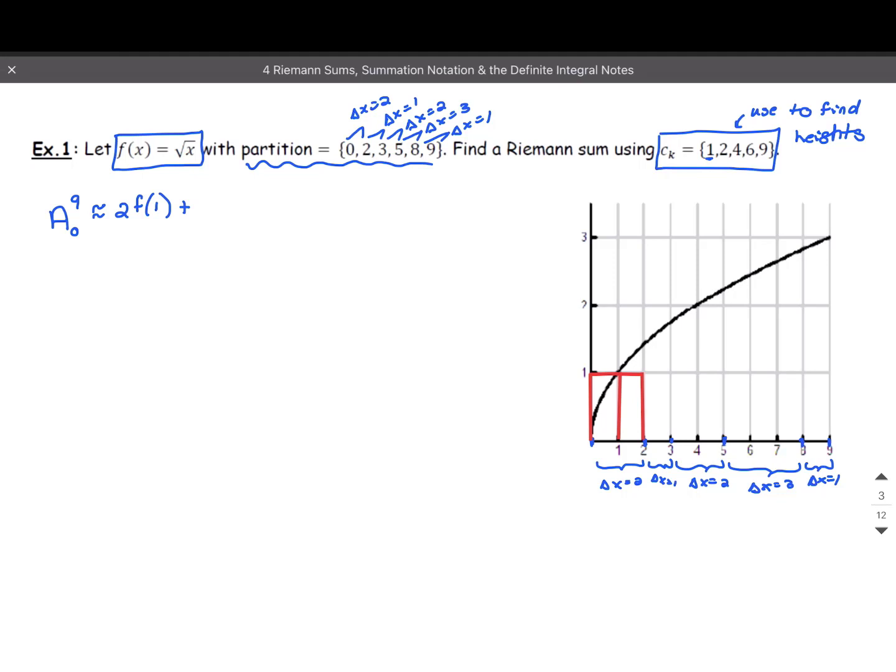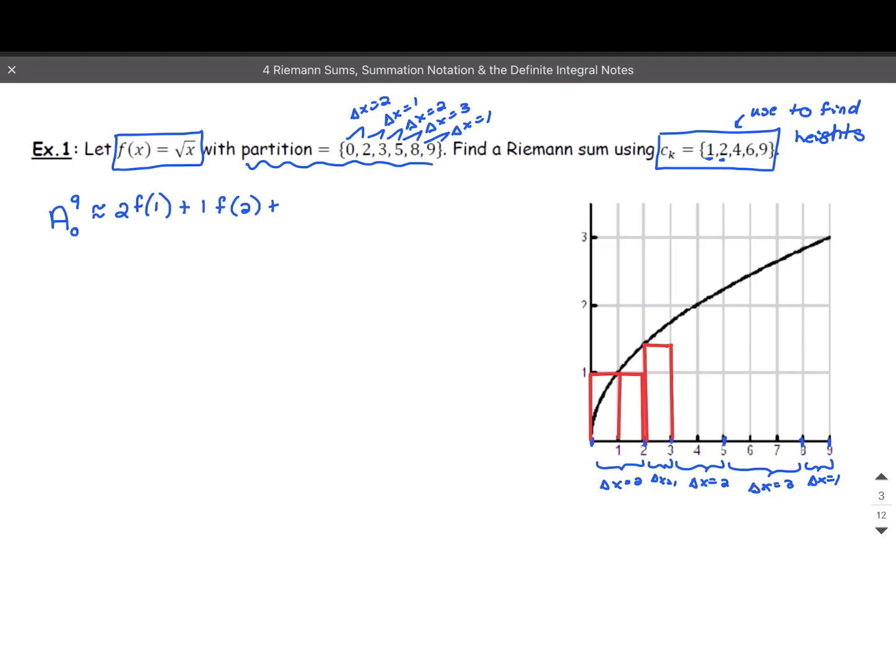From 2 to 3, that delta x is 1, times f of 2, because we're supposed to use 2 to find the height. So we're going to start at 2, go up to the curve, come over to the end of the subinterval at 3, then come down, and we're going to use the area of that rectangle.